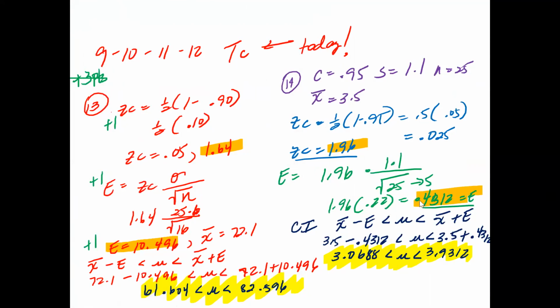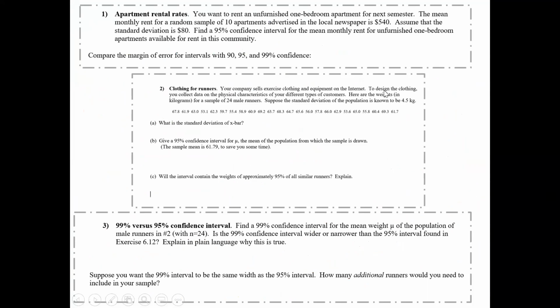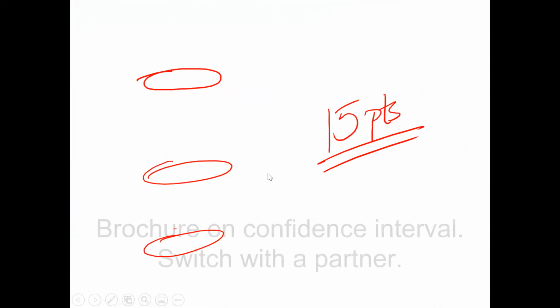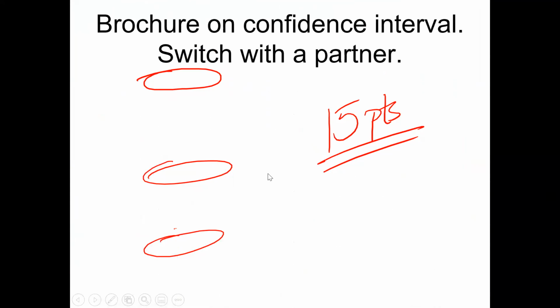Last time I saw you guys, we talked about confidence intervals. You had a brochure that you had to do with one of the 3 questions. This is a roster that you need, and this is the rubric that you're going to be grading yourself on. It's worth 5 points if you did part 1.